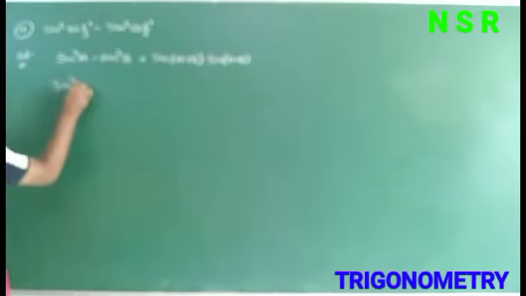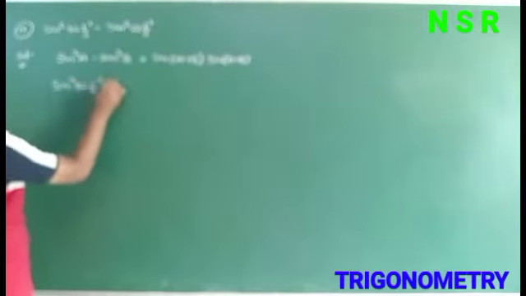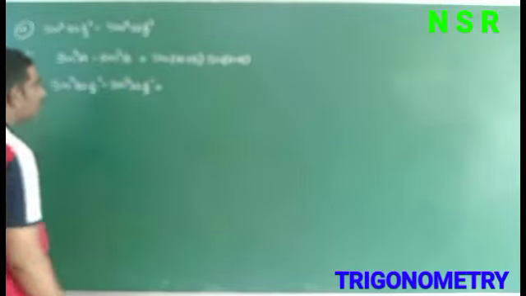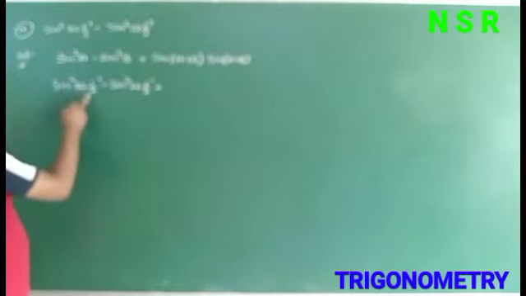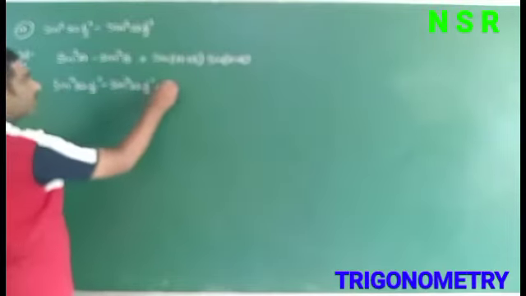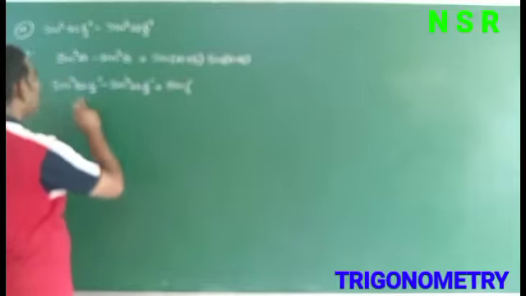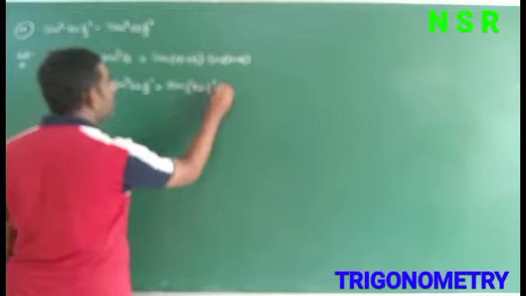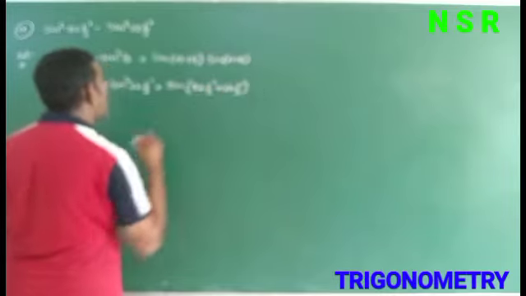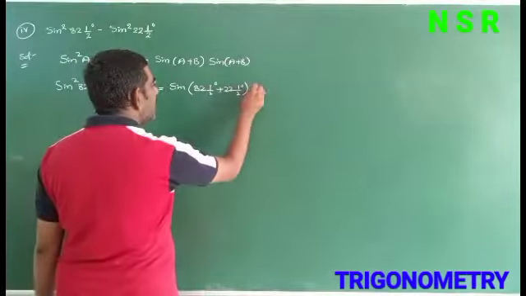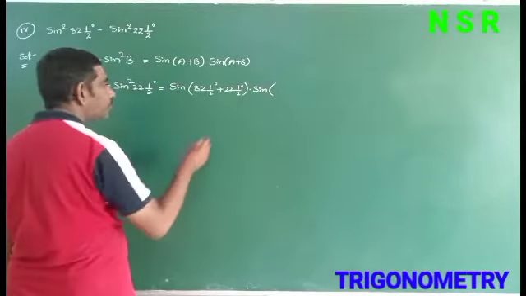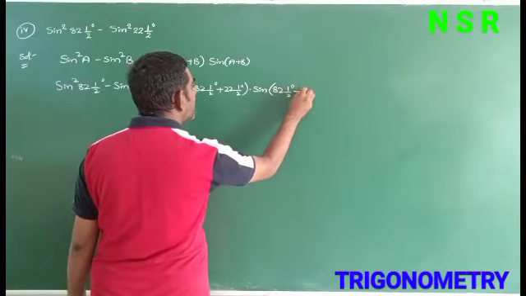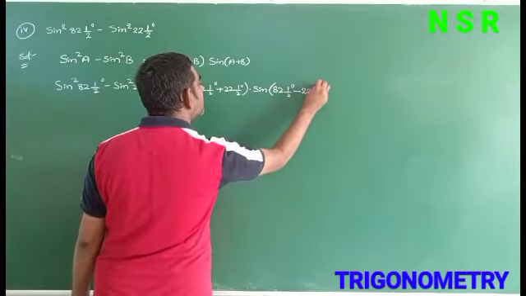Sin square 82.5 degrees minus sin square 22.5 degrees. So this is sin square A minus sin square B, right? It equals sin(A plus B), that is 82.5 plus 22.5, into sin(A minus B), that is 82.5 degrees minus 22.5 degrees.